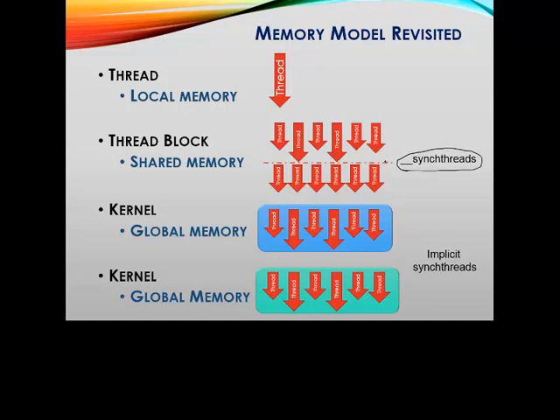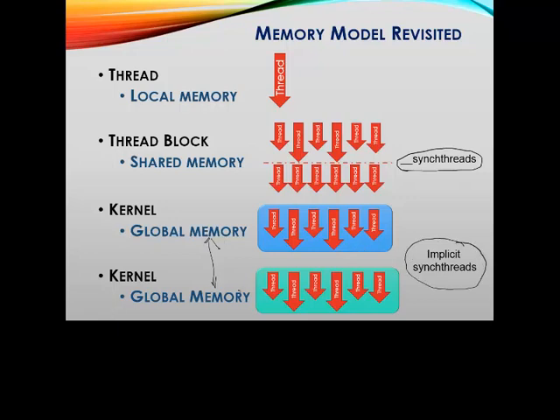And finally, when we work with global memory, all of the threads in the block that belong to each kernel will execute and finish before any other kernel is executed. And so the thread communication between multiple kernels could happen over global memory, and we will be sure that there is an implicit synchronization between threads from different kernels.